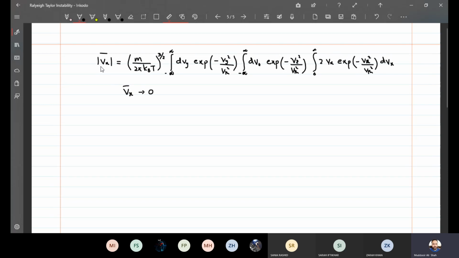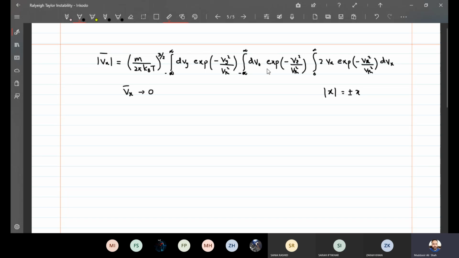That modulus means that we cancel out the direction effect: for positive values we take it positive, and for negative values, mod x means plus minus x.